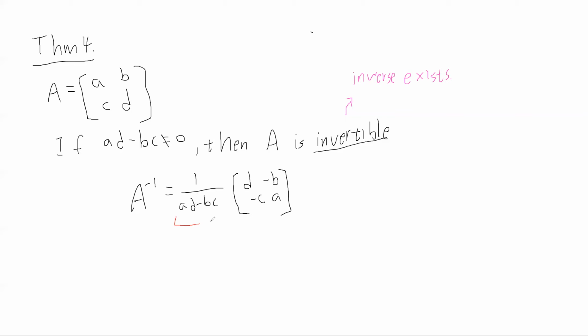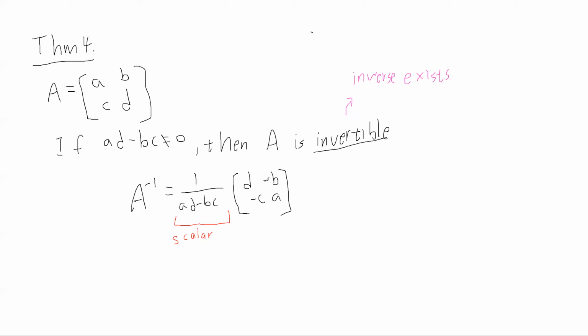Now, this part, the 1 over AD minus BC, this is a scalar. That's just a number. A, B, C, D are all real numbers, so 1 over AD minus BC is also a real number. And what you're going to do is just take this number and multiply by this matrix in here.